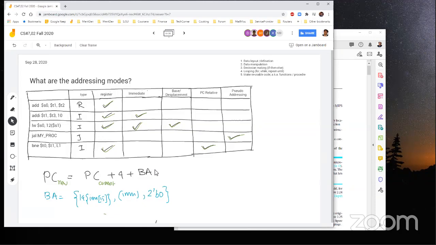So in a sense, this immediate, like we all know the BNE I-type instruction format is opcode, RS, RT, and immediate. So in a sense, it is that offset in terms of number of instructions.